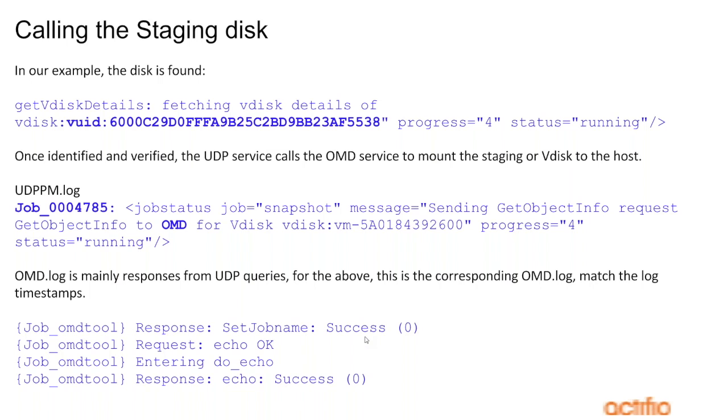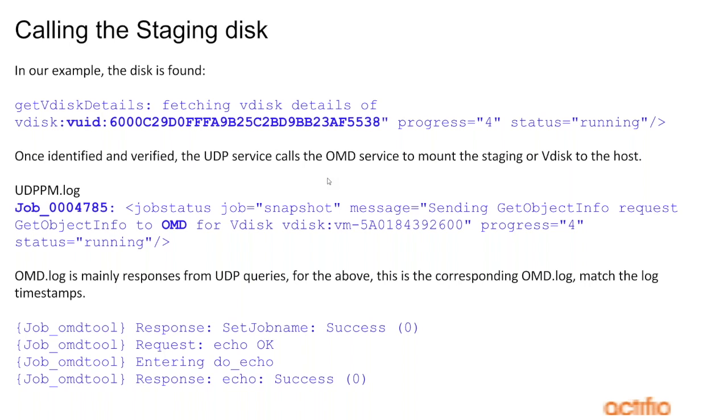And we can see here this middle log snippet that we have in blue. This is just what you could look for to verify that things are going as you expected. We found the disk. We're not seeing any errors. We're going to search for the job number. We're going to search for the VUID or the UUID, depending on where our storage is coming from. And we can also search for OMD.